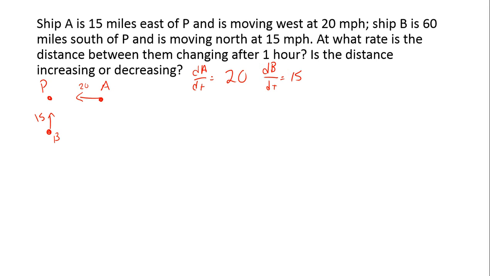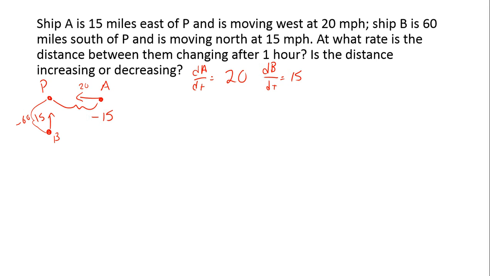So I've decided to keep these speeds positive, which means their locations are going to be negative. So the first one would be negative 15, and the second one would be negative 60. That's going to come into play when we plug these in to solve. It wants to know at what rate the distance between them is changing after 1 hour.